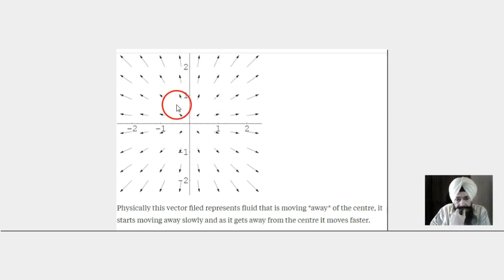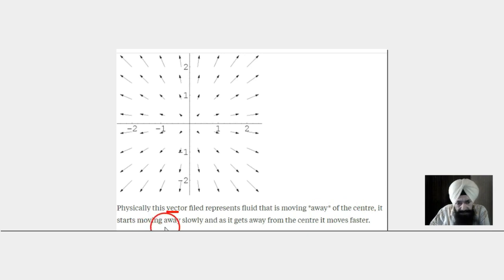This is the divergence. Like this, the arrows are moving outward, and the vector field represents a positive divergence. They are moving away from the center.